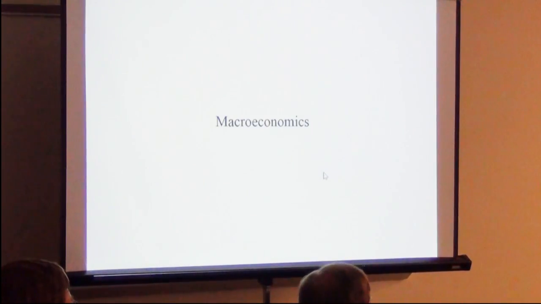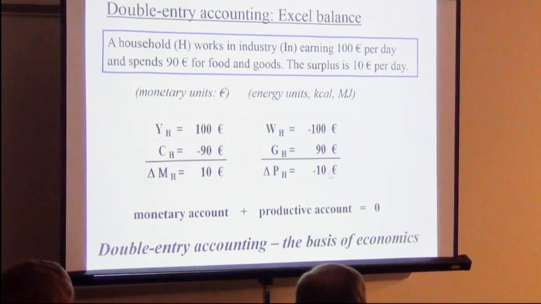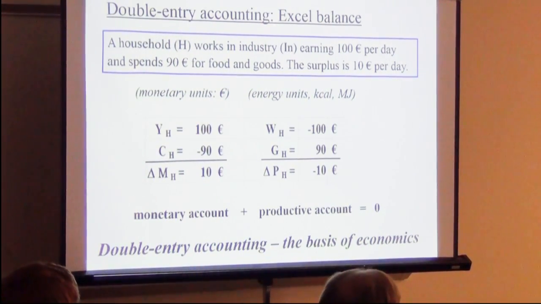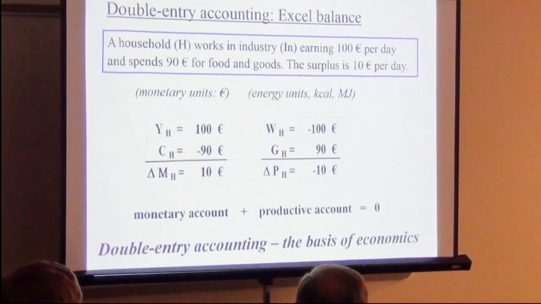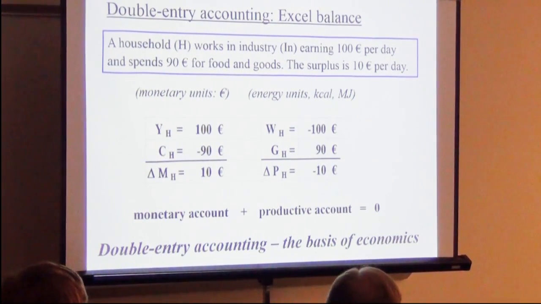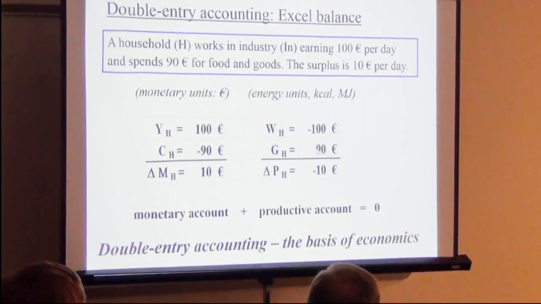So I will now talk about the laws of macroeconomics. I will start again with the household working, earning 100 and spending 90 and having surplus. The first monetary account is 100 minus 90 is 10, but they don't get the 100 for nothing.